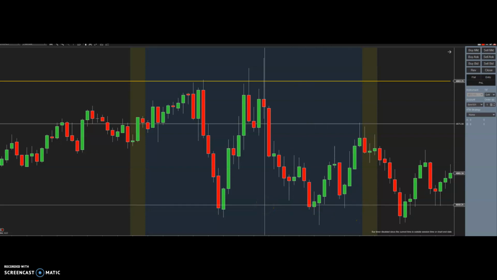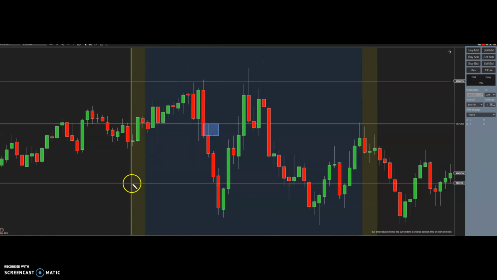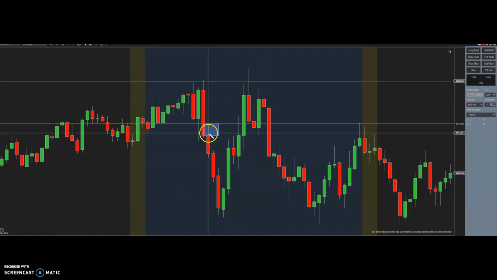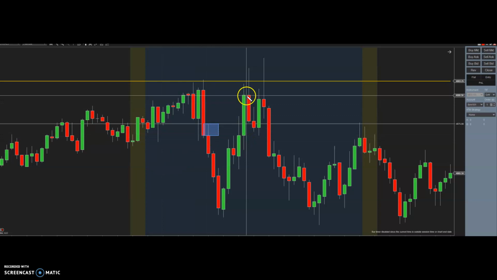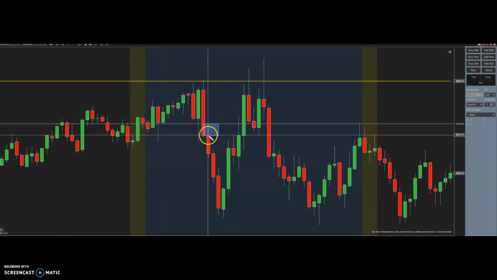All right. So just a quick interject. These wicks represent a pullback. So a pullback doesn't necessarily have to be a full green bar. If that market pulls back and creates a wick, that is considered a pullback, correction, retracement.